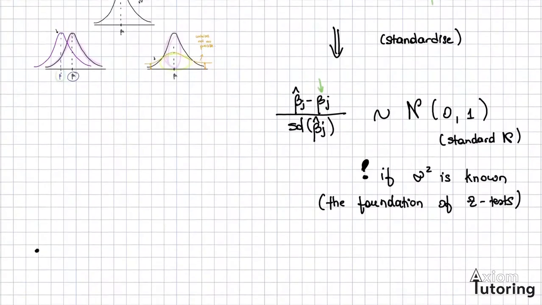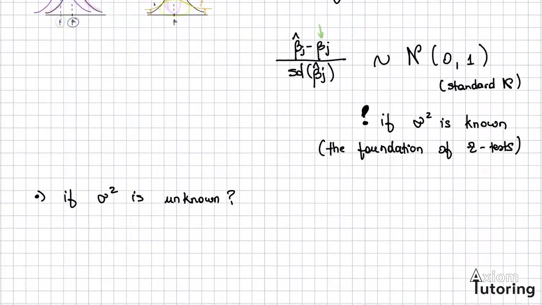For those of you asking, what if sigma square is actually unknown? Which is actually what happens in most of the exercises that you will be facing. Well, if sigma square is unknown, we know that through statistical property 3 we have an estimator for it, the sigma hat square.